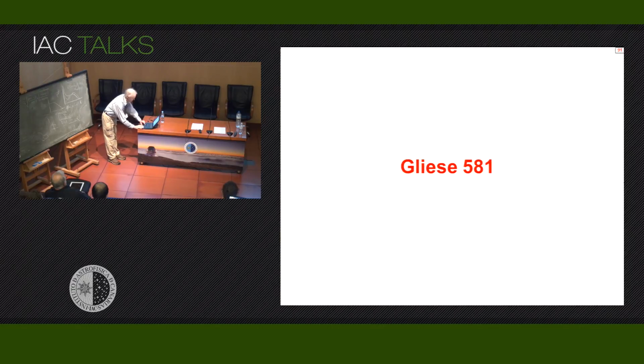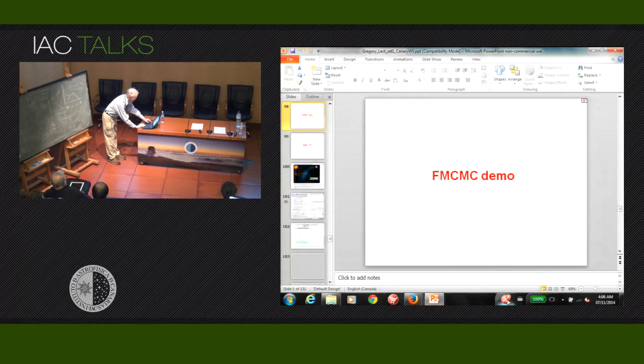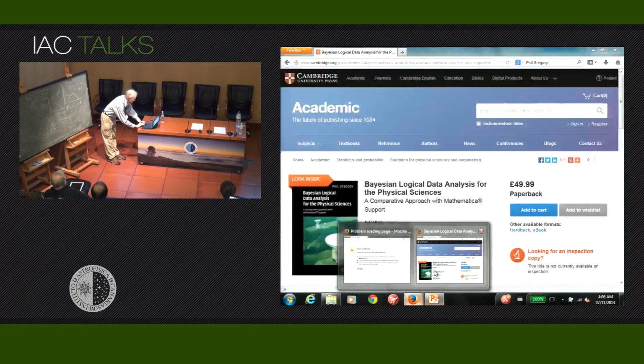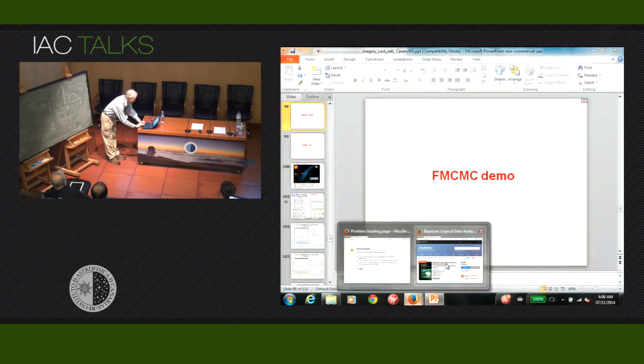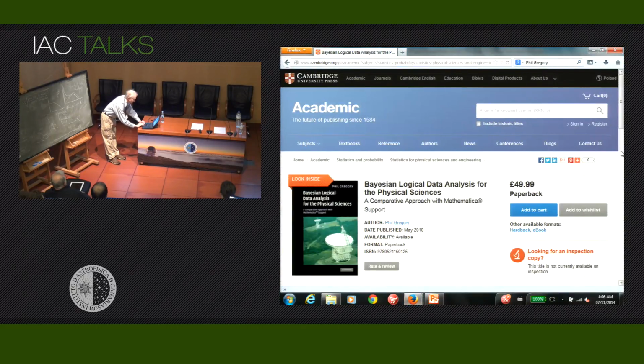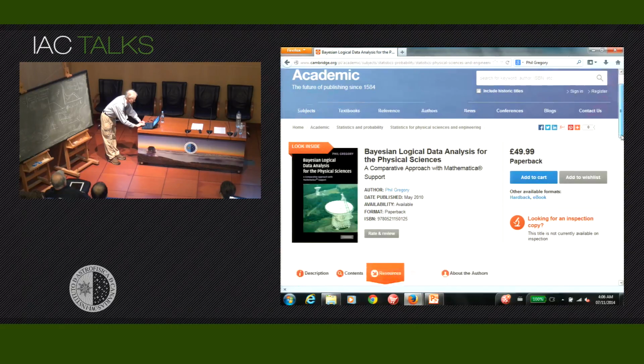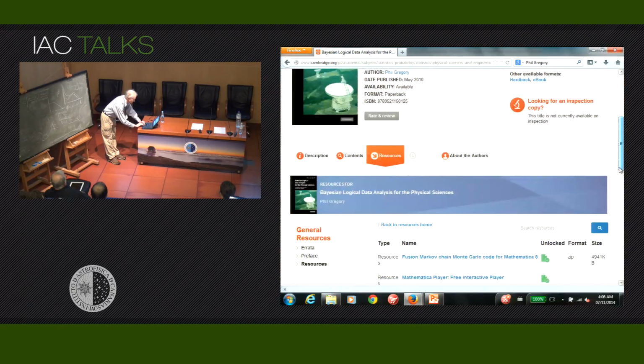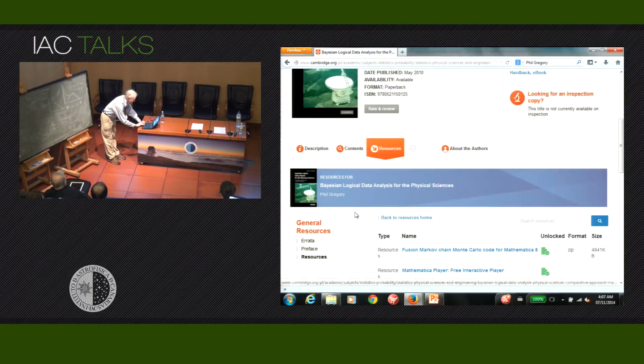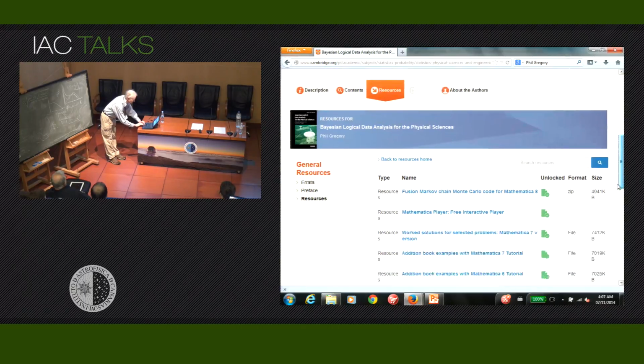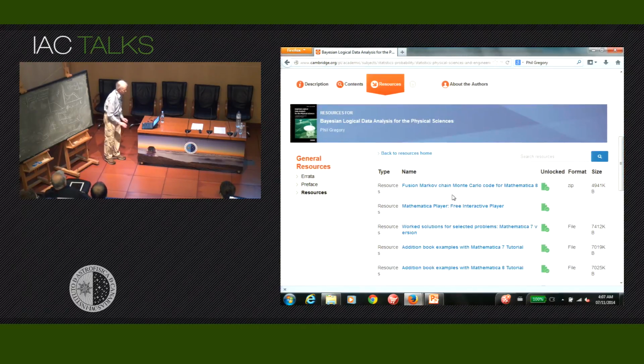I'm going to go back to this to get out of this. I just thought I would go to the book website to show you, if you're interested, how to get it. If you go to the resources page here, you click on the resources, you'll open up this window, and there are a number of resources. So here's the latest fusion Markov chain Monte Carlo code for Mathematica 8.